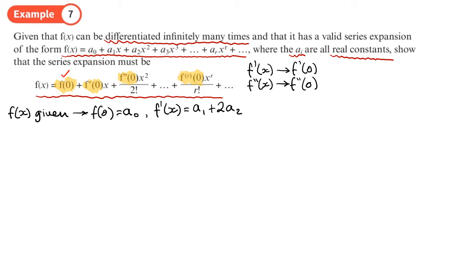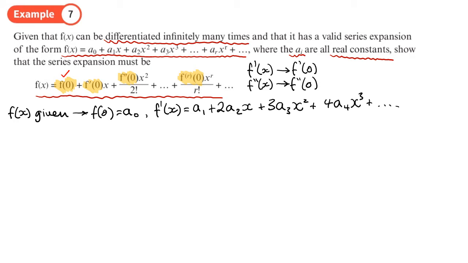I forgot the x there. So the next one will be 3a3x squared. Now the next one, that would be a4 to the power 4, so that becomes 4a4x cubed. So you can see the pattern like that.